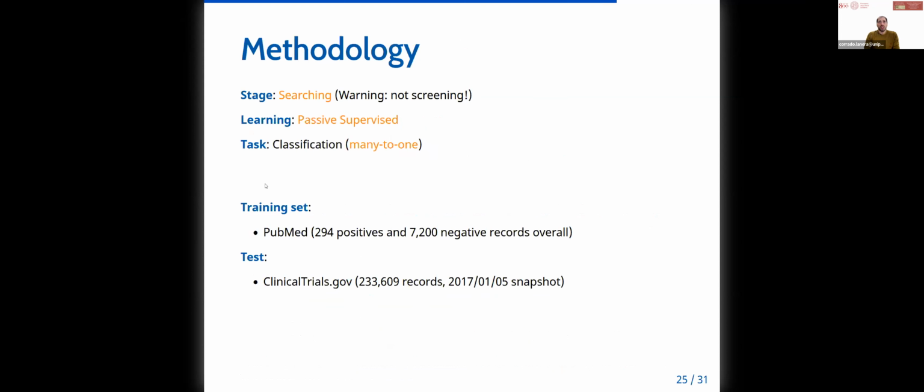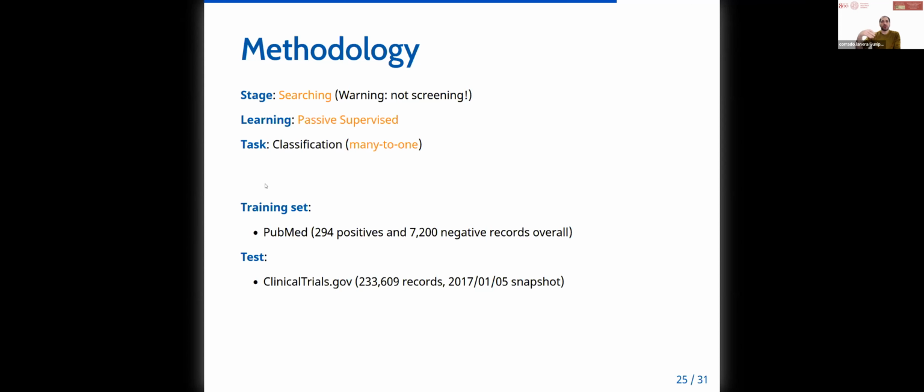So what is the strategy regarding what we have just said today? We are in the searching phase, not in the screening phase, because we would like to apply something like a search string to clinical trial registries, that in this case is clinicaltrials.gov, and we would like to extract all the possible relevant records to be screened.